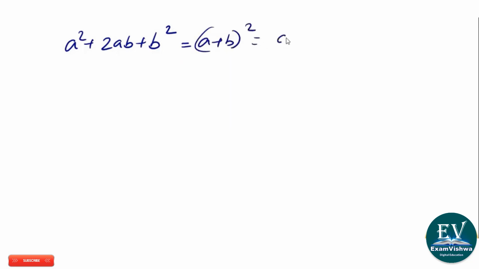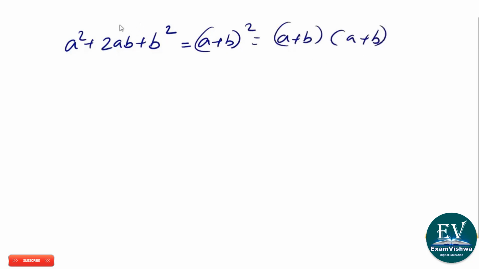For example, now look at this. A square plus 2ab plus b square is an algebraic expression, and it can be written in the form of a product, a plus b whole square, which is nothing but a plus b into a plus b.